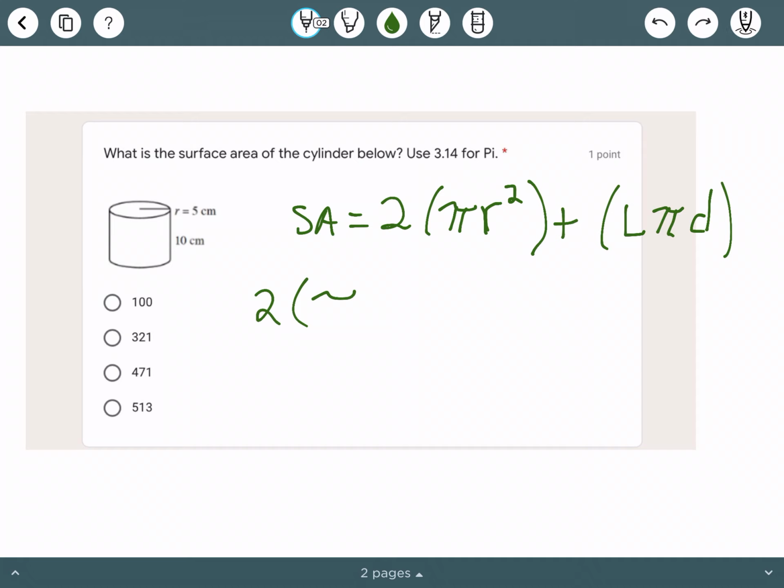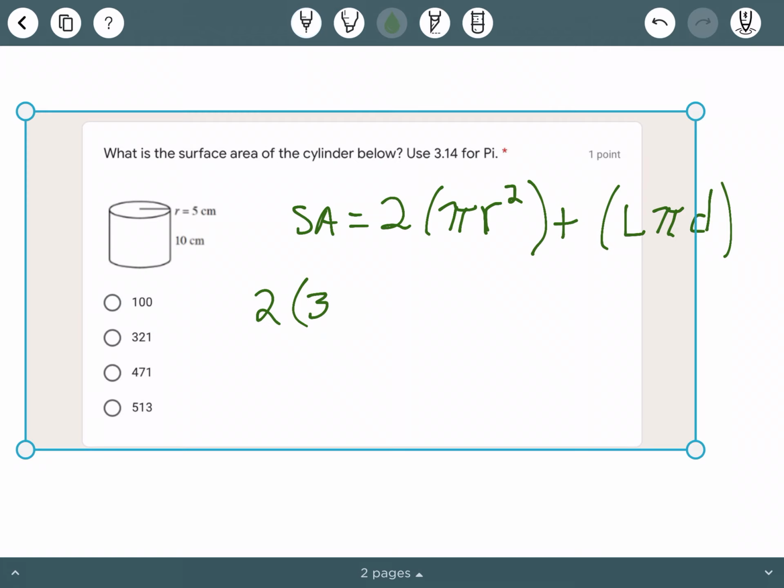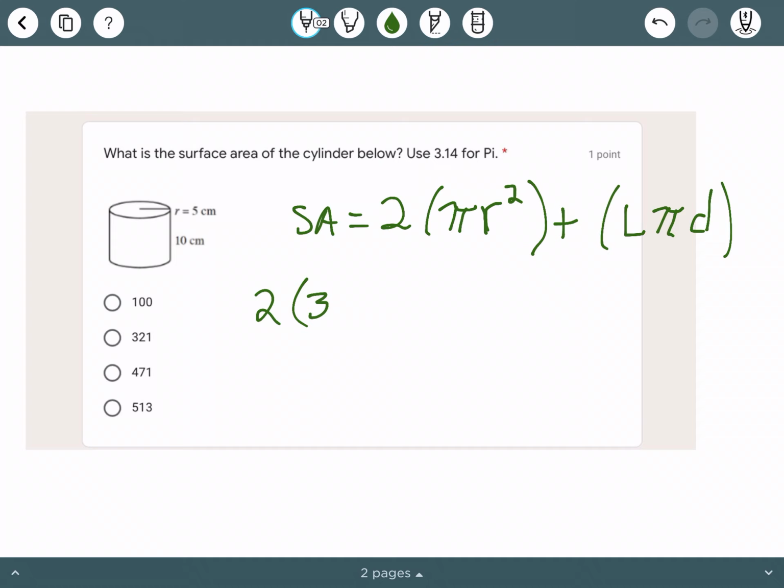Actually, they told us to use 3.14 for pi, so I'm just going to put that in instead so I don't forget. So 2 times 3.14, times the radius squared. They do give us the radius right here, which is 5.